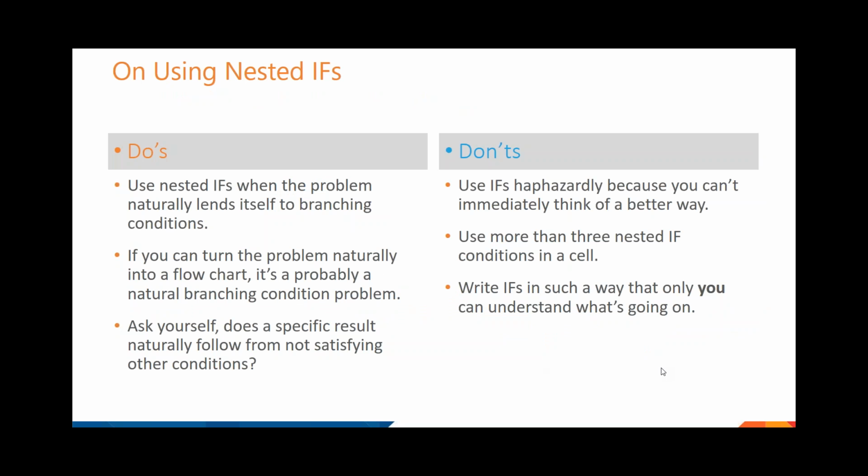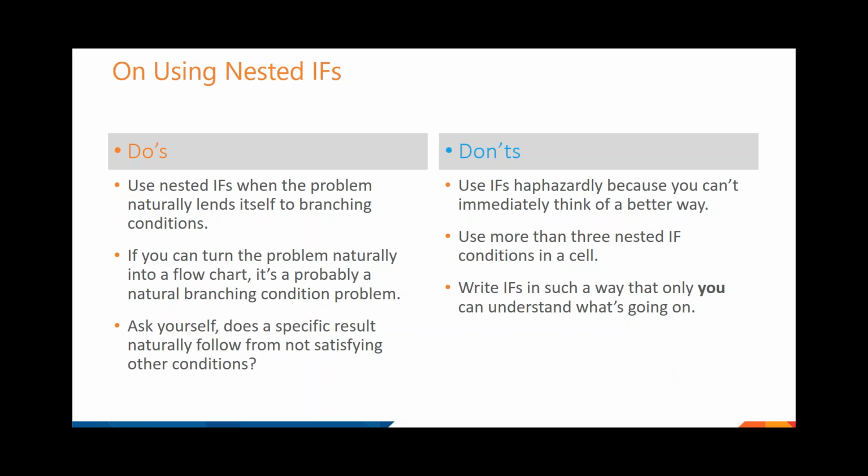So here's when you should use nested ifs. When the problem naturally extends itself to a branching compounding condition. In non-technical terms, that means if I can draw a flowchart with it, then it's a natural branching condition problem. So if it naturally extends itself to a flowchart, then yes, that is a good nested if formula. Don't use them haphazardly.